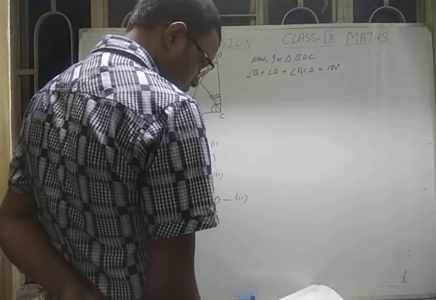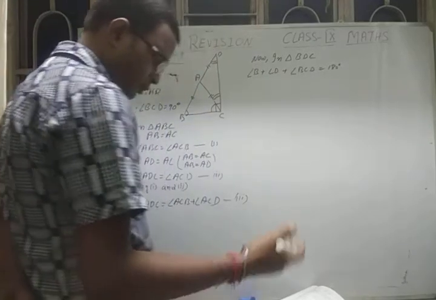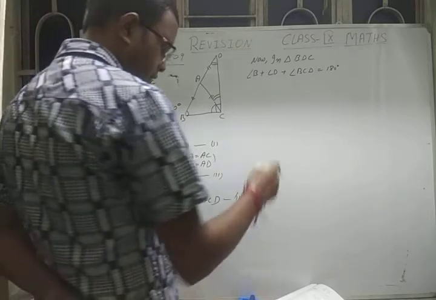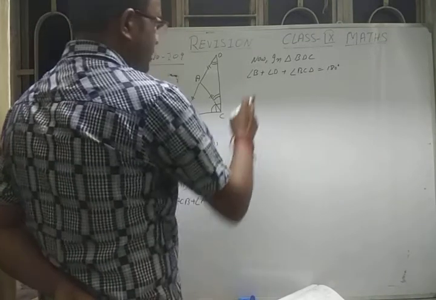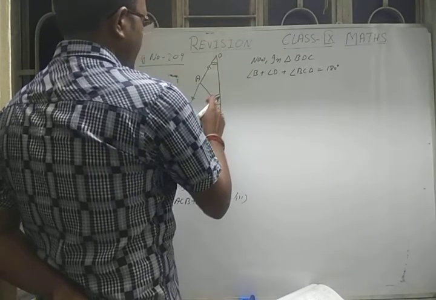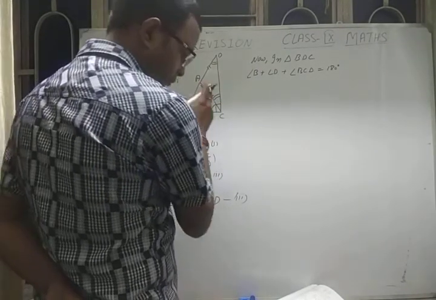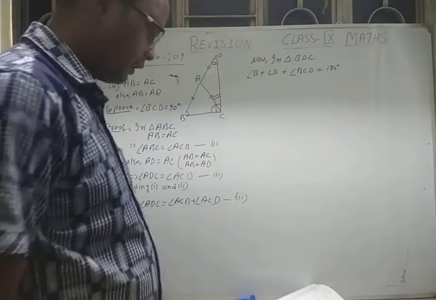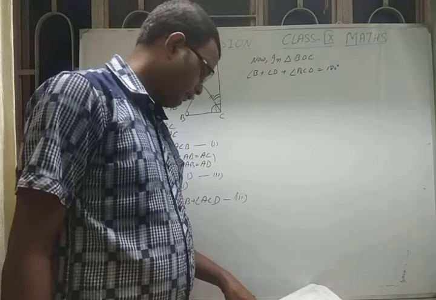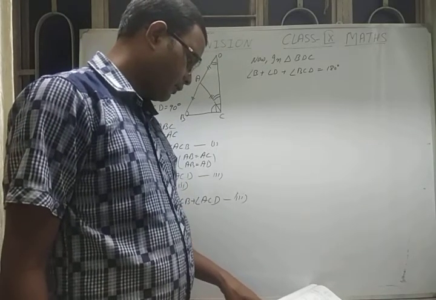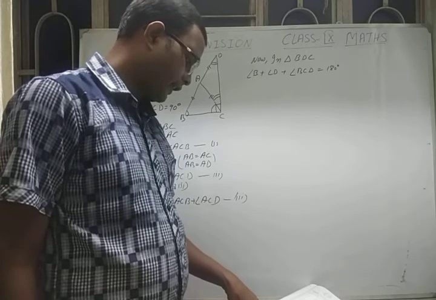Now we will do some substitutions here. In place of BDC, meaning this angle D, since this angle is equal to this and this equals to this, we have to do some substitution work here. So the substitution in place of B and D, you can add them.